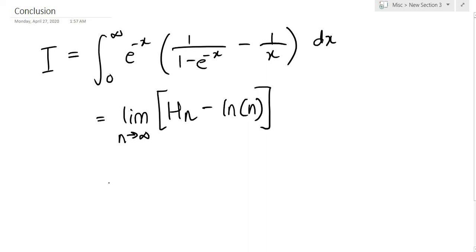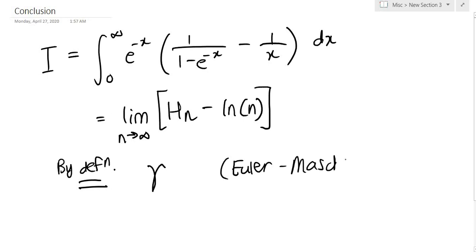And this, by definition, equaled the Euler Mascheroni constant. So directly this is equal to the Euler Mascheroni constant.